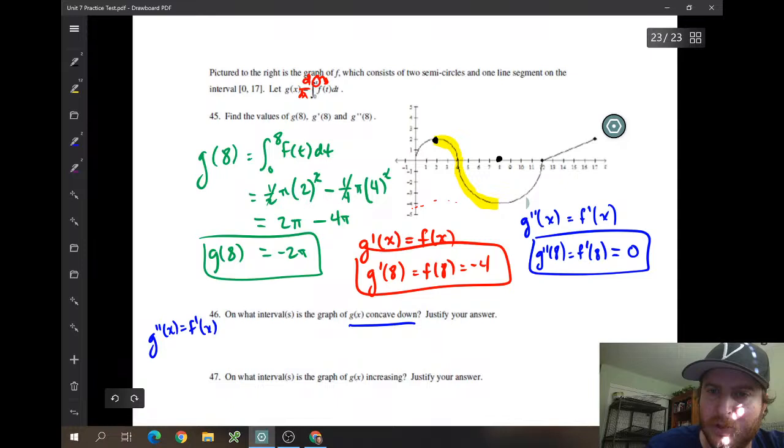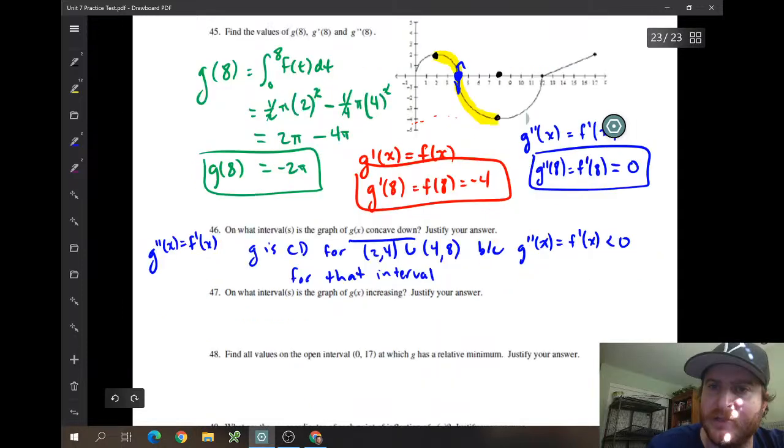Now I separated them because I saw that the slope is DNE here. It's that vertical tangent line, right? So the slope f prime would be 0, undefined there, and undefined there, and then 0 here. So those are my 3 possible inflection points.